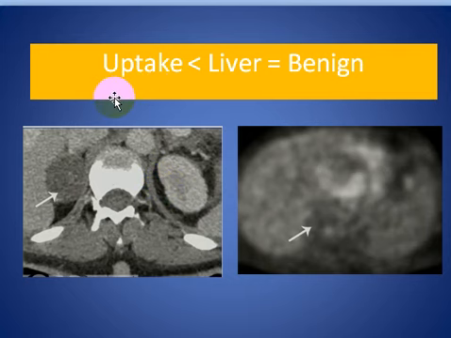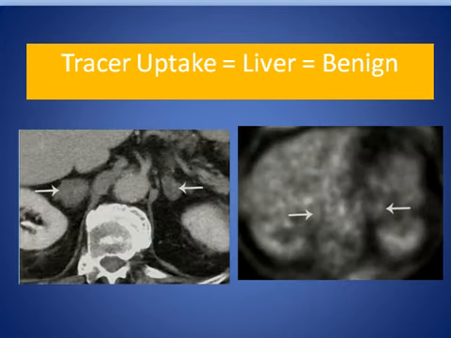General rule: if we have a right adrenal mass lesion and the PET uptake is less than the liver, generally it is likely a benign lesion. Here we have two mass lesions, one on the right side and one on the left side.